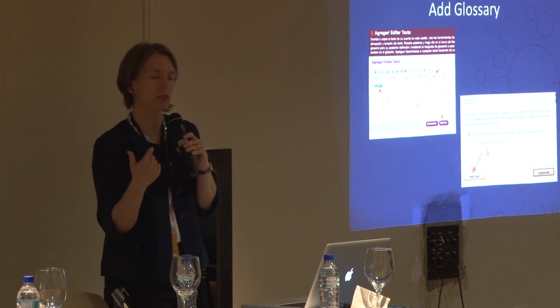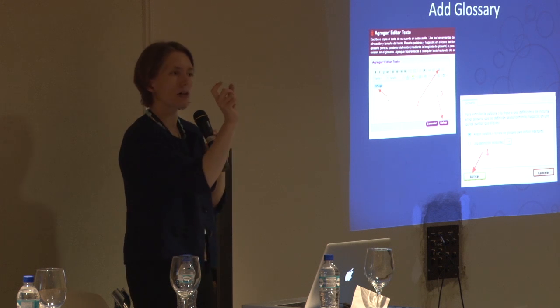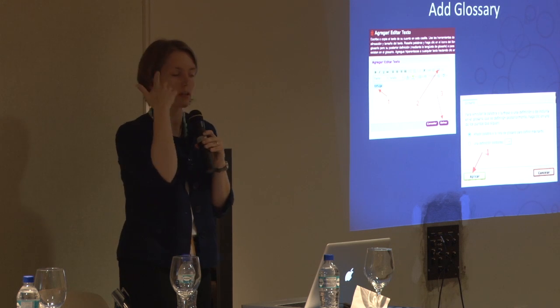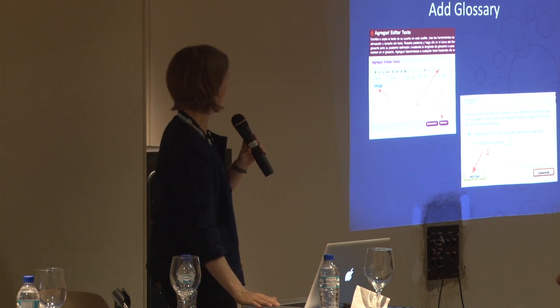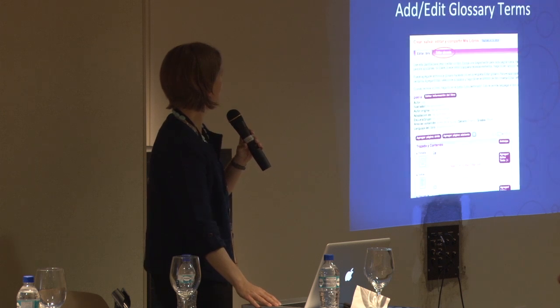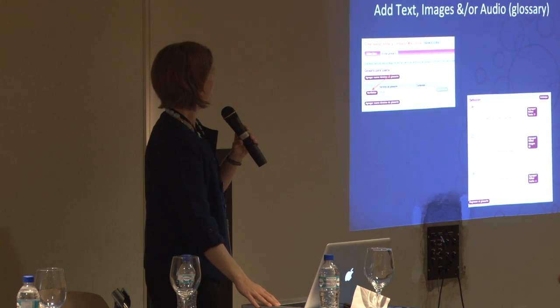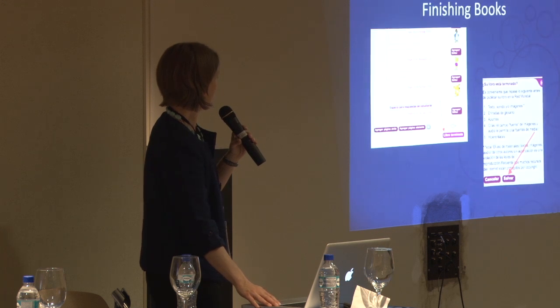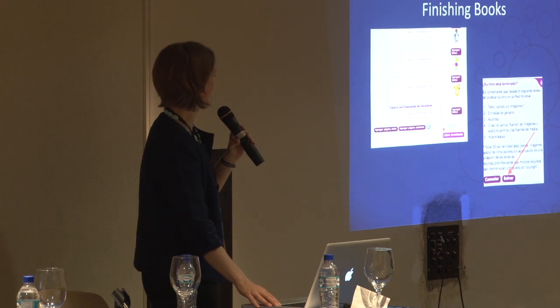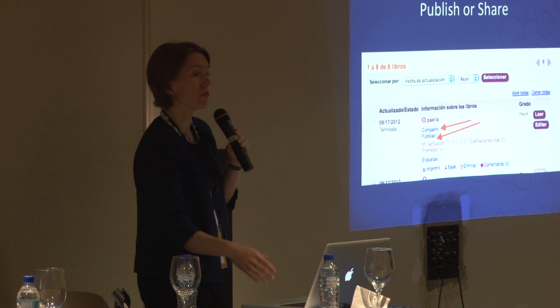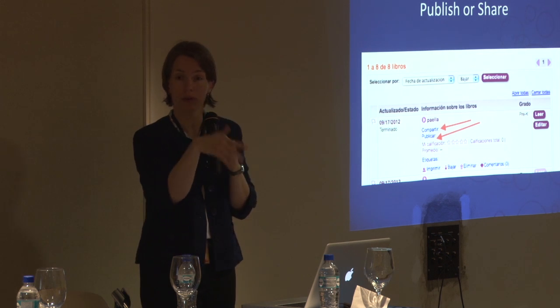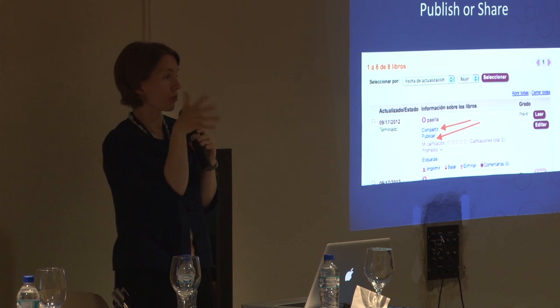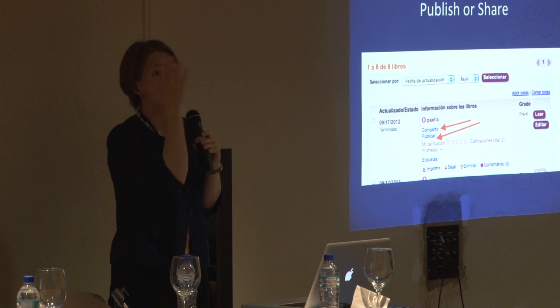I didn't show any examples of that, but you can make it so that it underlines certain words. When the kid clicks on it, it gets to whatever definition you provide, including text and images and audio in the glossary. And then you finish your book, you save it, and you can decide if you want to either just share it with individuals, so you can share it with a small group, or you can publish it to the library.